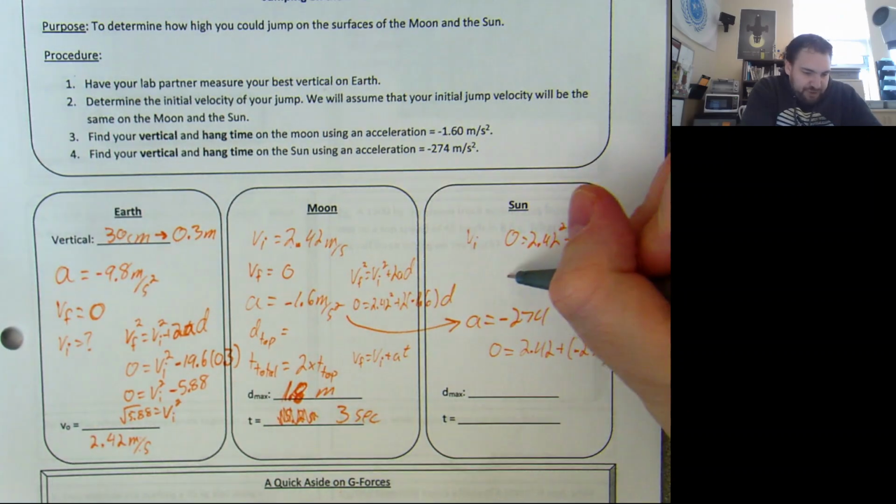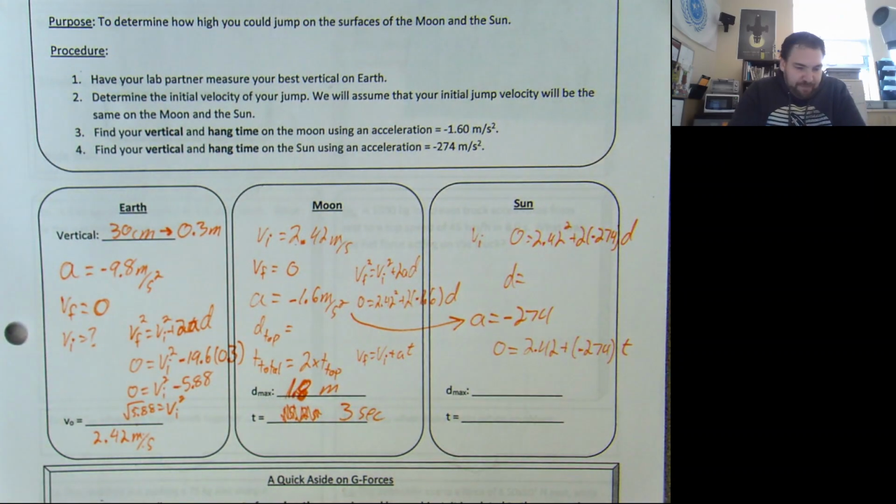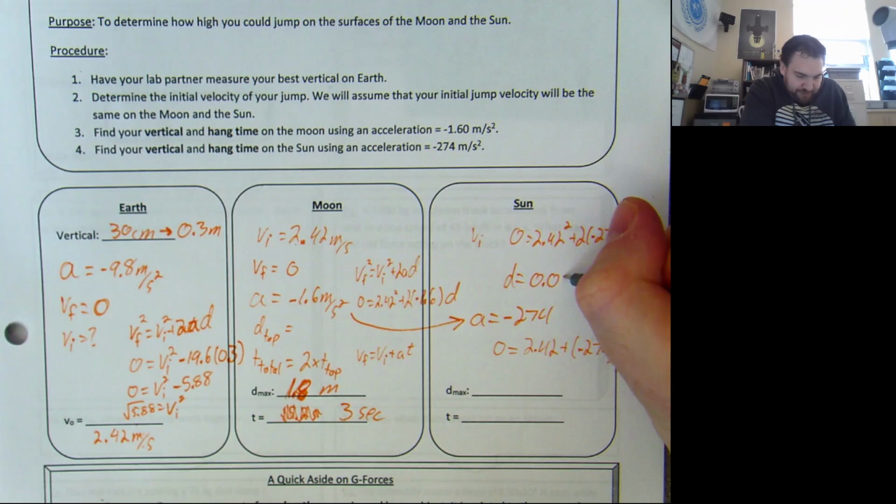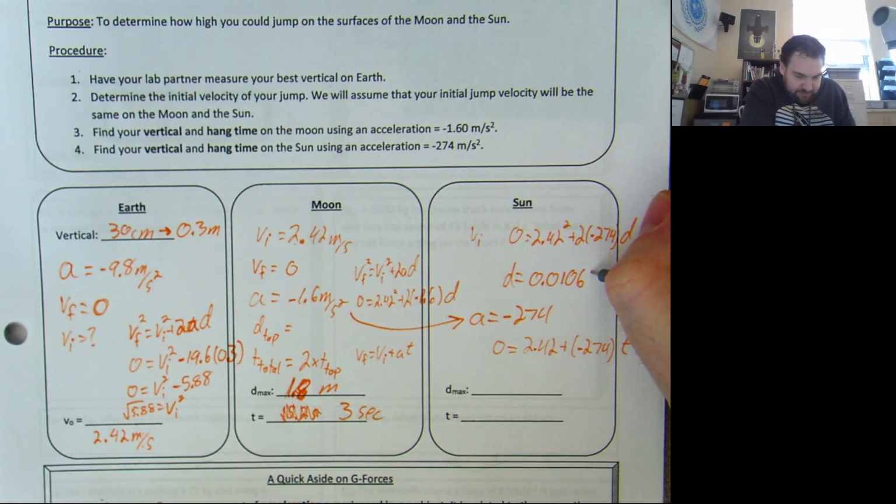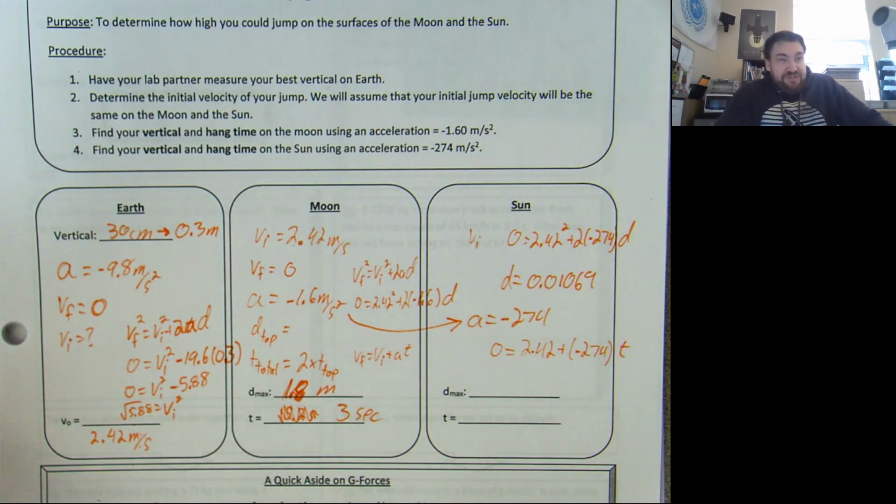So for this one, you should have found here today that your jump on the sun, you're going to get 0.01069, which is just over a centimeter. So you're jumping this much on the sun. Jumping as hard as you can, you're going this high, which even that's impressive.